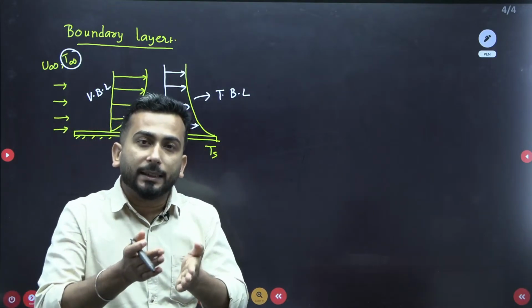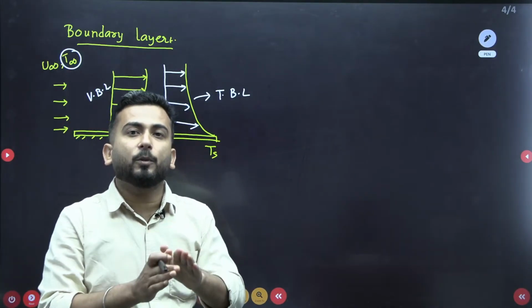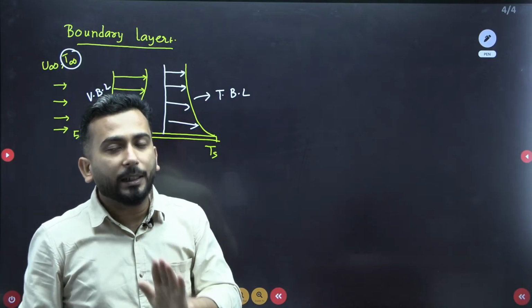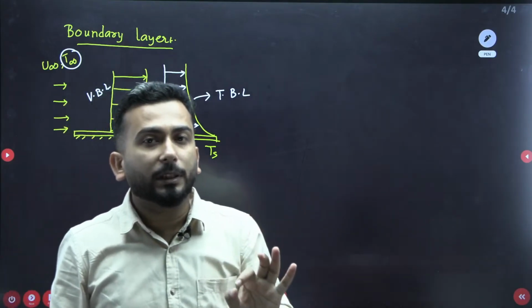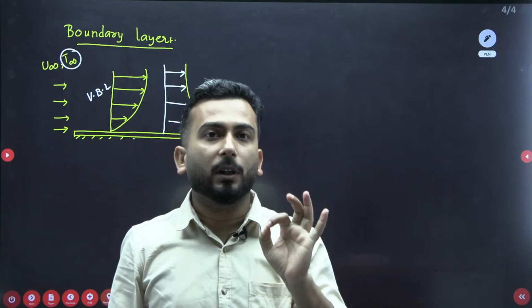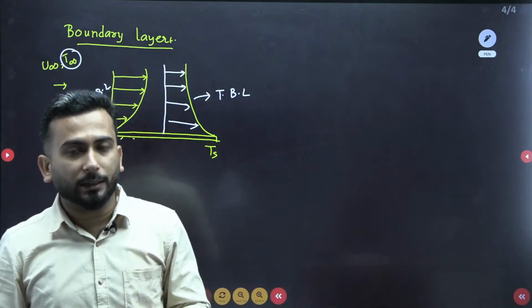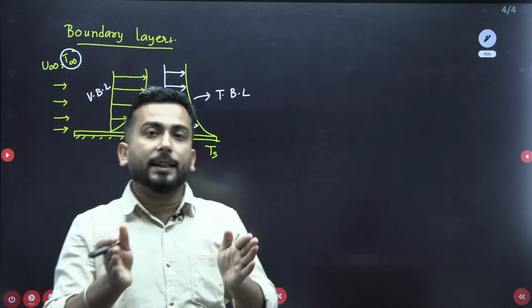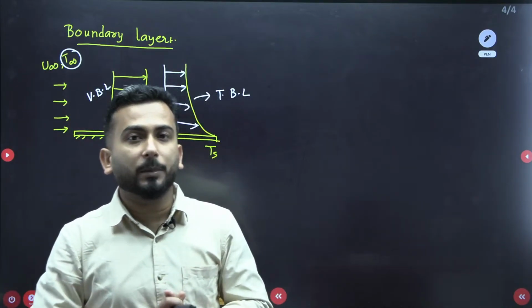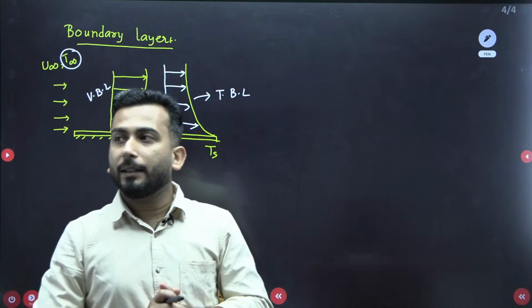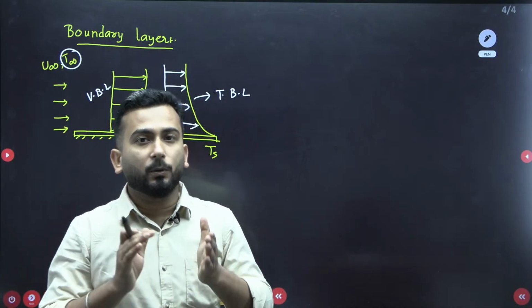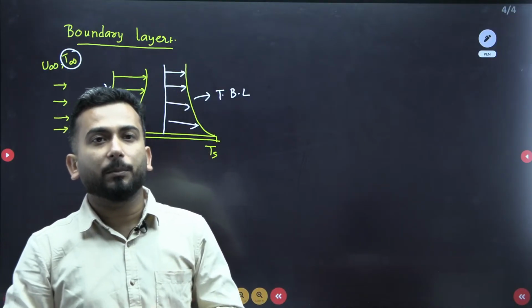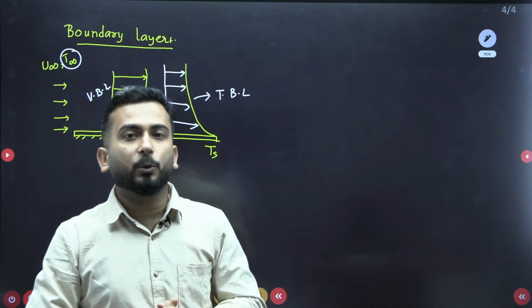When two things are happening simultaneously over the flat plate, we can very easily say that both are somewhat dependent on each other, right? When two things are happening, definitely there will be some comparison, right? And there should be some number which can compare both these layers.